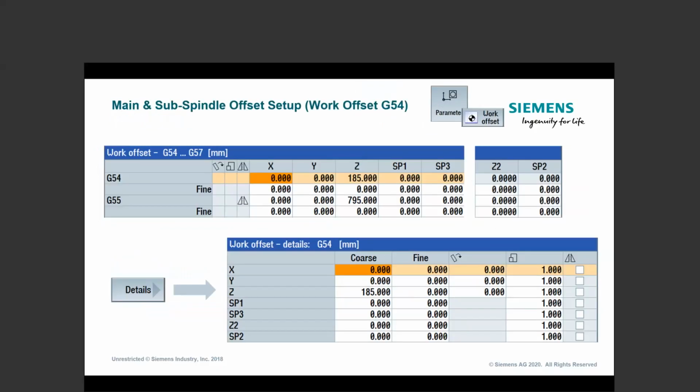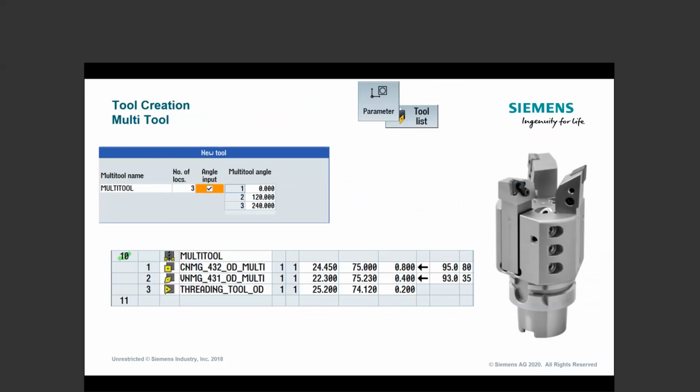Now, when it comes to building your offsets, a question comes in. One of the tools on the turret is offset in Y. How would you input that into the machine? So there would be a Y field. You can't see that here, and that is part of commissioning.